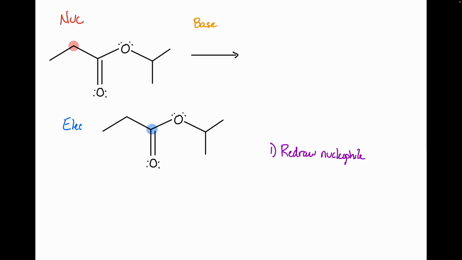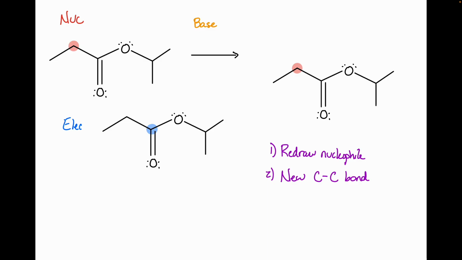This whole thing is going to appear in my product. And then we want to put in that new carbon-carbon bond. So when I draw from my nucleophile that new carbon-carbon bond, what's going to live on the other side? That electrophilic site.